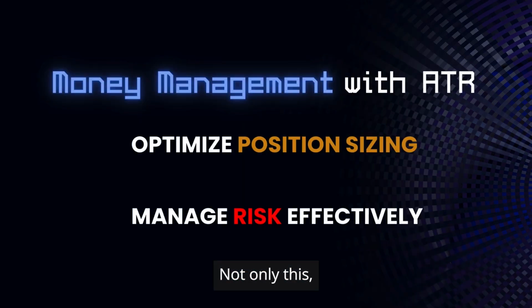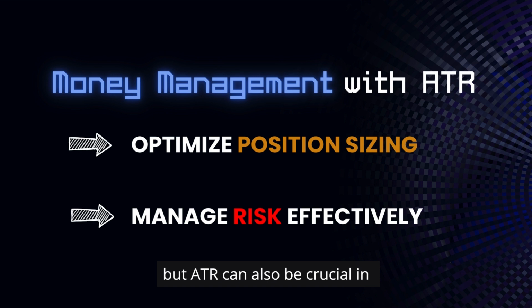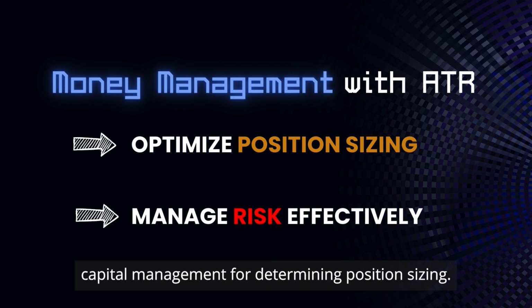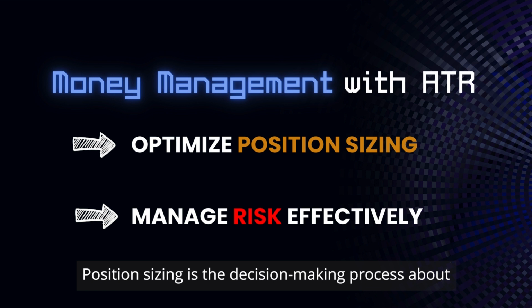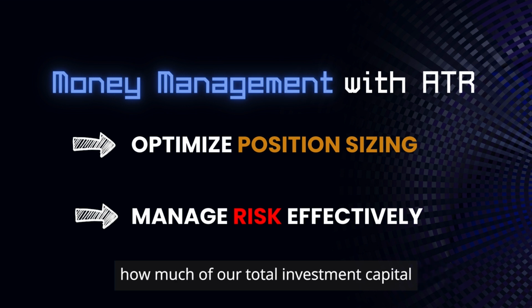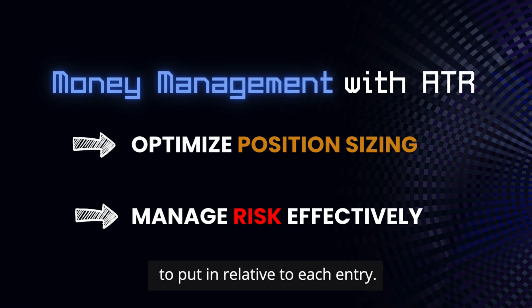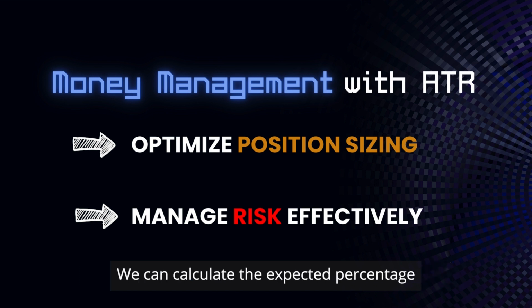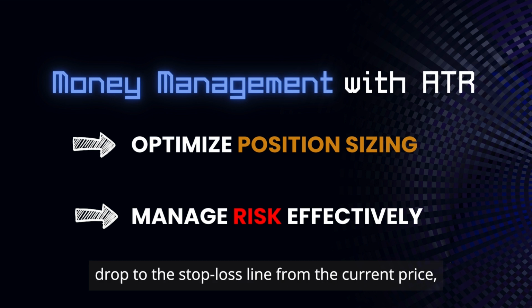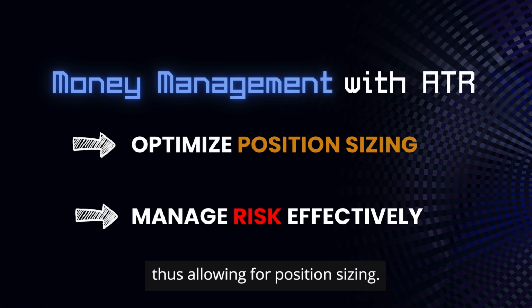Not only this, but ATR can also be crucial in capital management for determining position sizing. Position sizing is a decision-making process about how much of our total investment capital to put in relative to each entry. Using ATR to set stop-loss lines at each entry point, we can calculate the expected percentage drop to the stop-loss line from the current price, thus allowing for position sizing.